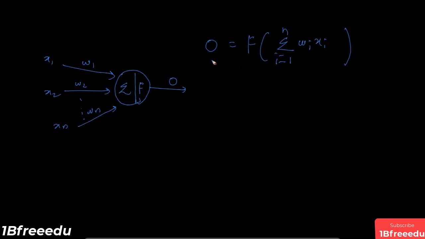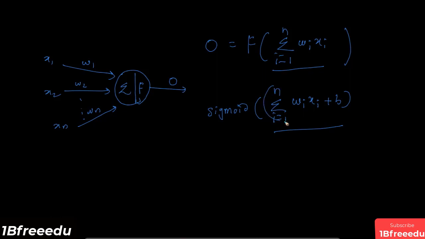Now if we compare the output function of a neuron with logistic regression, which is sigmoid of the sum over i equal to 1 to n of wi xi plus b, these two terms look very similar. In fact, this term is exactly the same as this term, except that in the output function of a neuron we don't have this b.